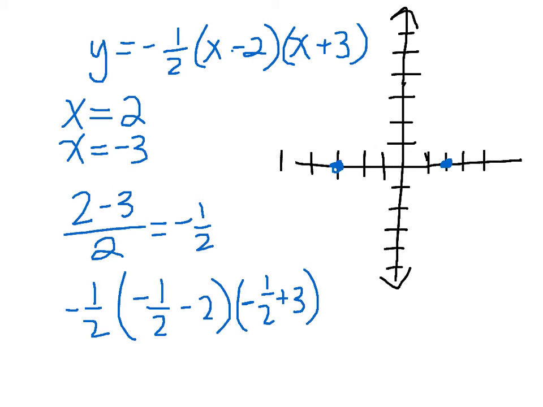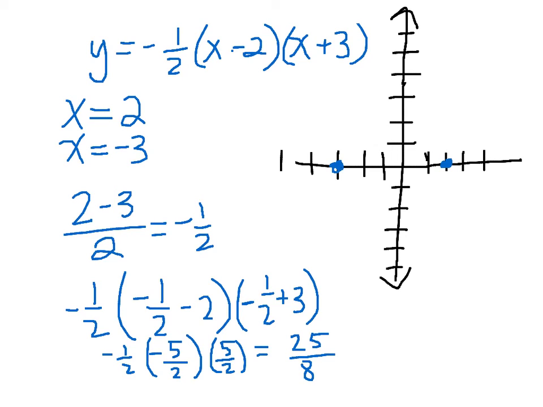So negative 1/2 minus 2 is negative 2.5, which is negative 5/2. And negative 1/2 plus 3 is positive 2.5, which is going to be positive 5/2. And so a negative times a negative is positive. We're going to get 25/8.